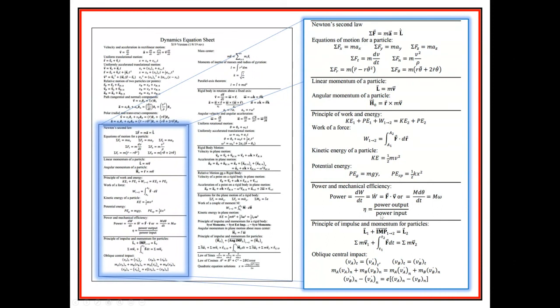Efficiency is power output over power input, what you want over what you pay for. And then we have the principle of impulse and momentum, where we have the momentum before plus the impulse that happens to it equals the momentum afterwards. And in some cases, the application of that will become the conservation of momentum.